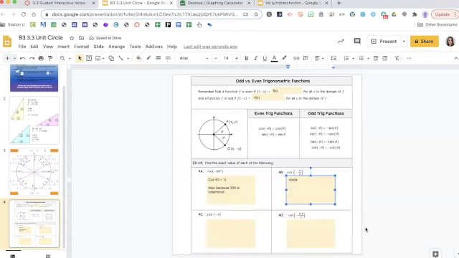So what that means is you need to tell me what sine of pi over 2 is. Go back to the unit circle.